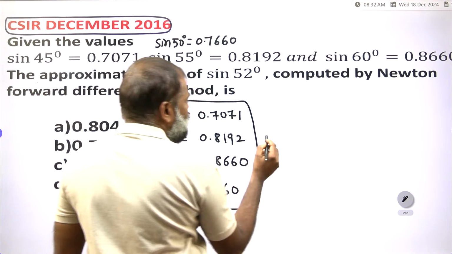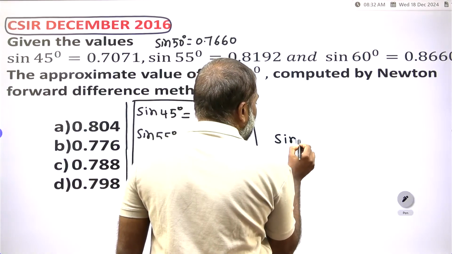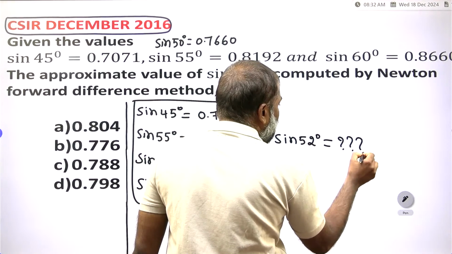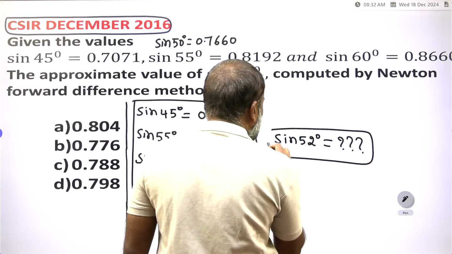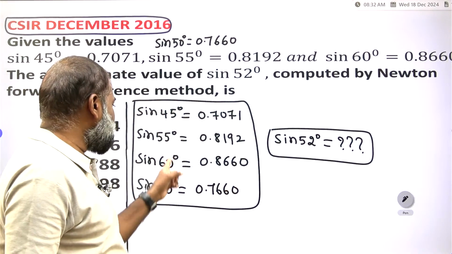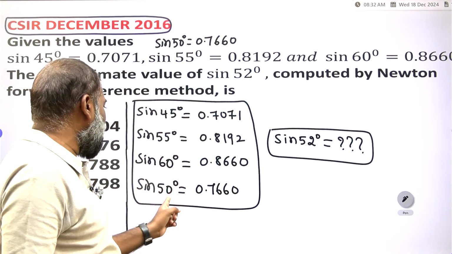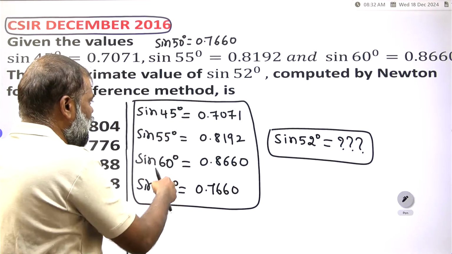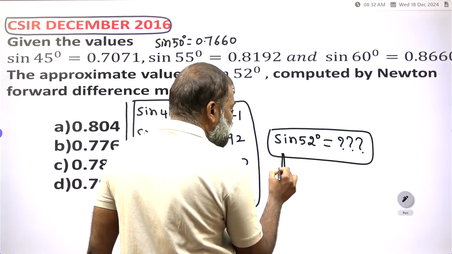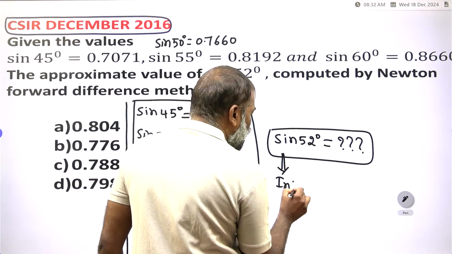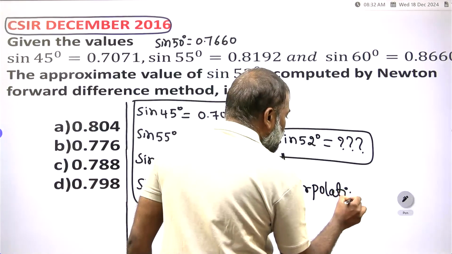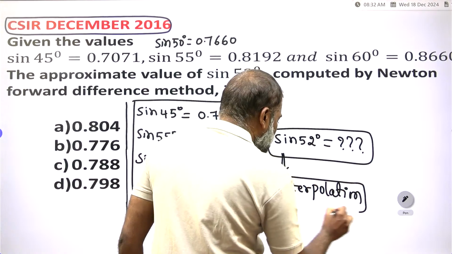The approximate value of sin 52 is equal to how much? They are asking that. Now you can see sin 52 is intermediate between 45 and 60. That's why we have to use interpolation. This problem belongs to interpolation.